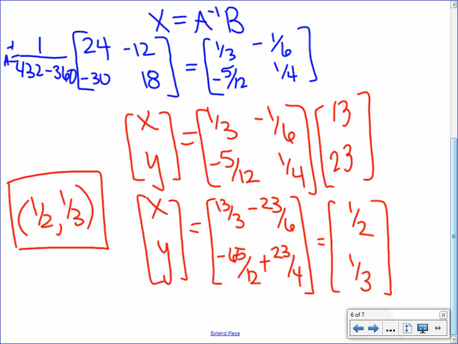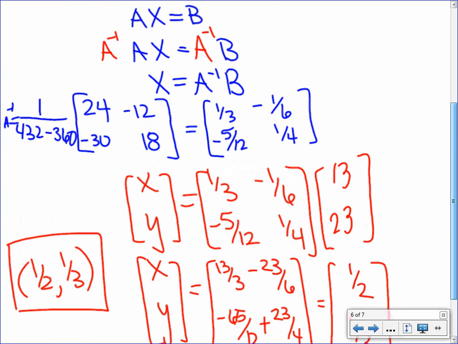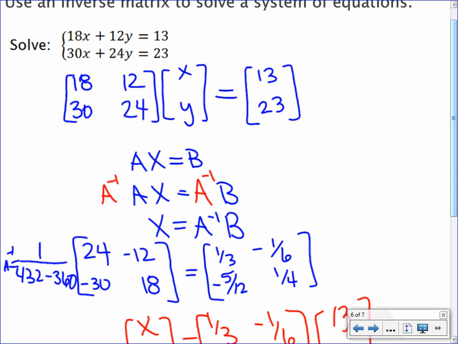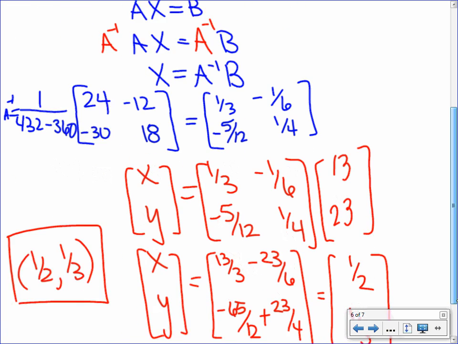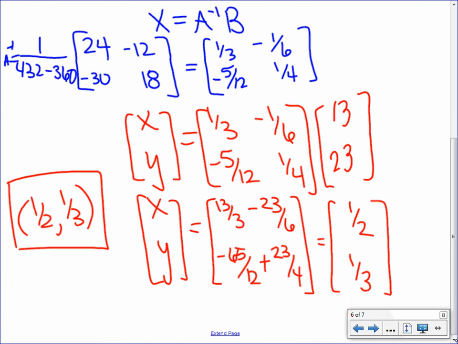So if you get 3 variables, 3 equations, you can find your inverse with your calculator and multiply with your calculator to get x, y, and z. For multivariable systems, your calculator is going to be a lot more helpful.